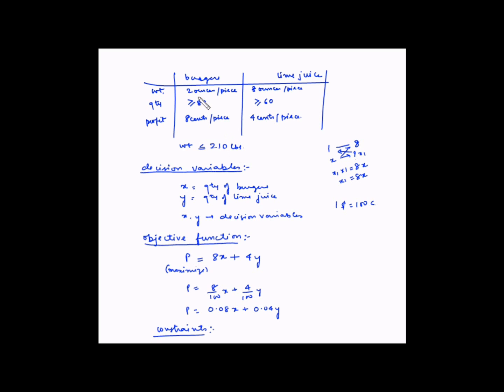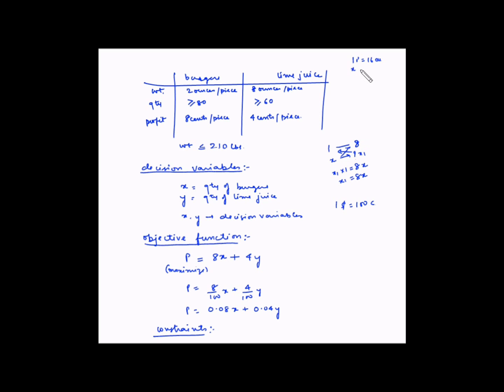Now it has been given that each burger weighs 2 ounces while each lime juice weighs 8 ounces. Now let us convert these in terms of pounds. So 1 pound is equal to 16 ounces.